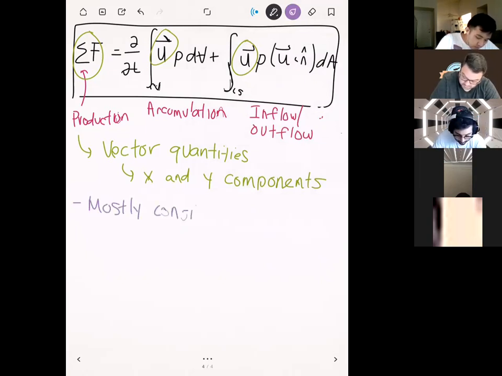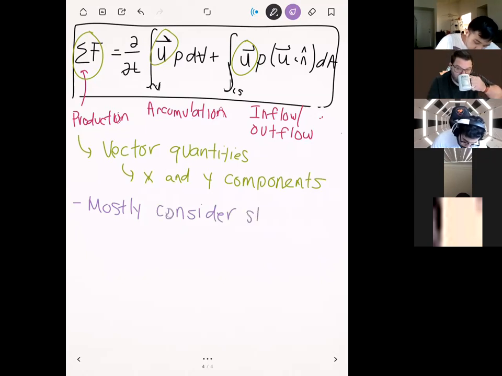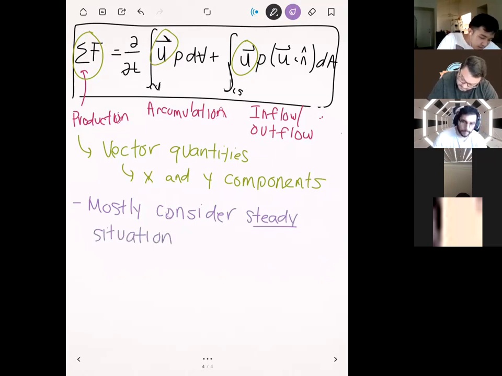Another thing I want to state is that even though this is the full form of RTT for momentum, for most of the problems we're going to do in this class, I say most, but it's actually all of them, we're only going to consider steady situations. The reason for that is this accumulation term right here.